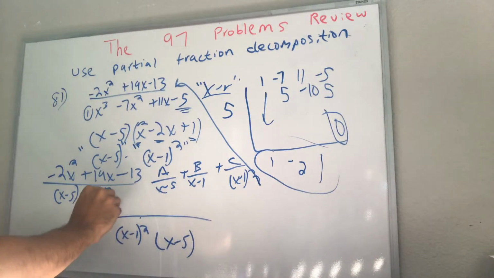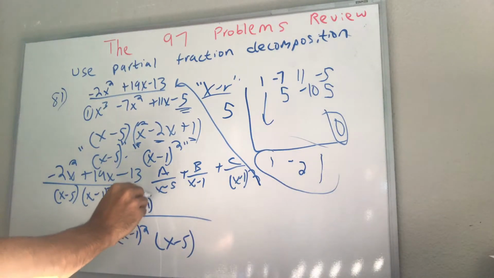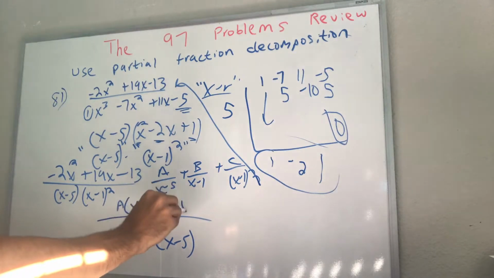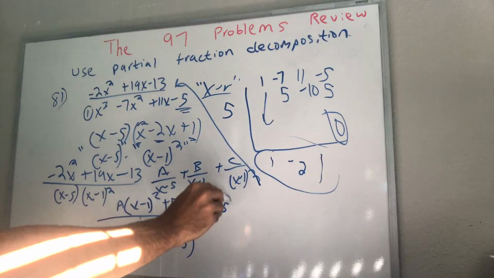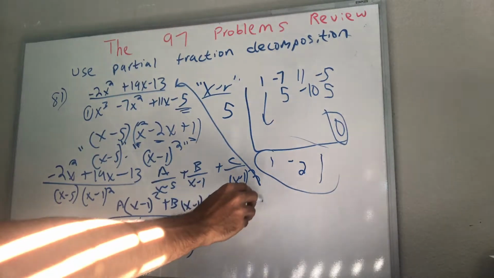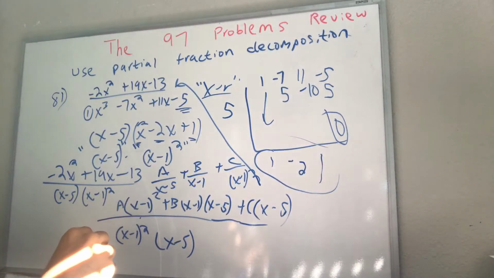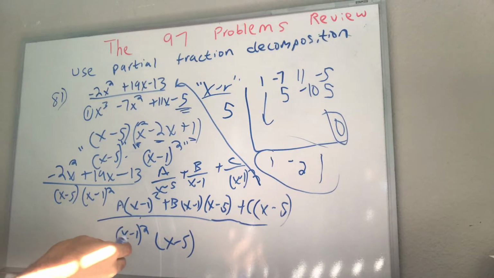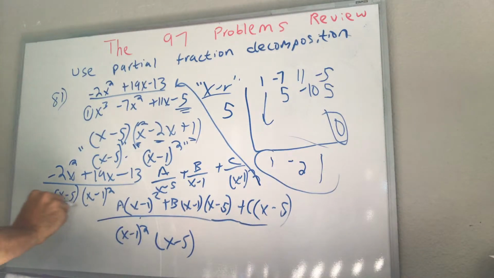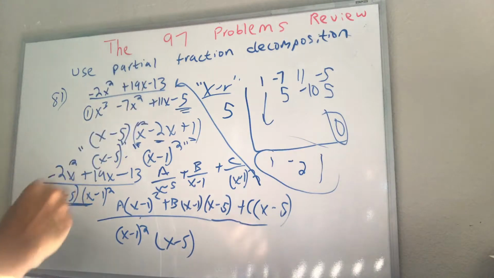And so now we're going to be multiplying a by x minus 1 squared plus b by x minus 1 times x minus 5, and then plus c times x minus 5. So we are multiplying the numerator, and we have this over here. Well, x minus 1 squared times x minus 5, that is the factored form of x cubed minus 7x squared plus 11x minus 5.